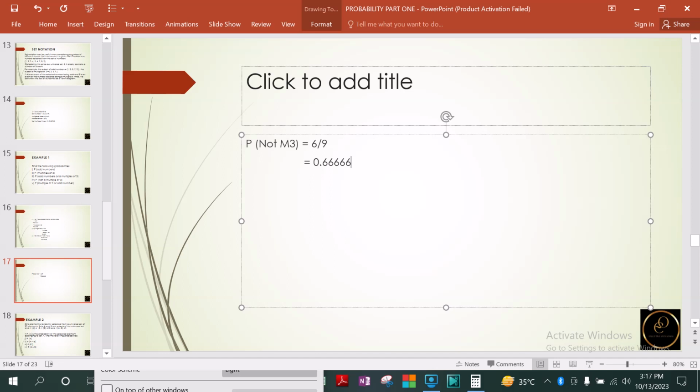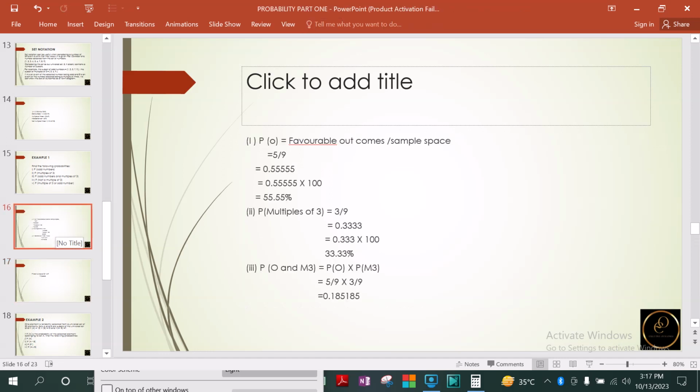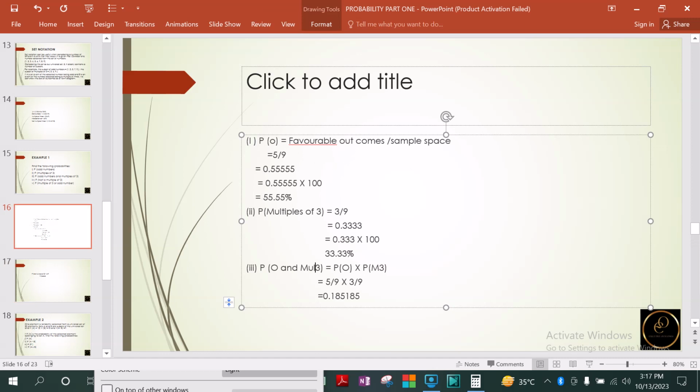So that is the probability of not being a multiple of 3. That's how we end up calculating this probability.